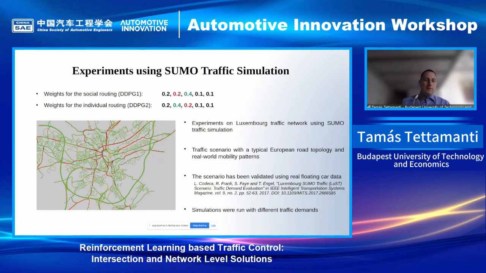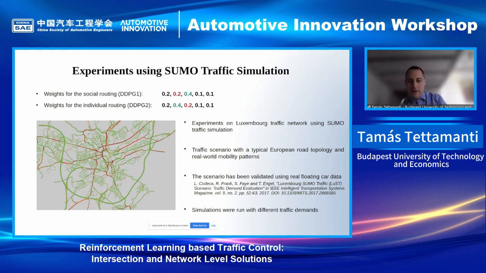So we did several experiments, of which I would like to emphasize two. One is called DDPG1, second is called DDPG2. So DDPG1 is the social routing approach, meaning that you can see the weights here.